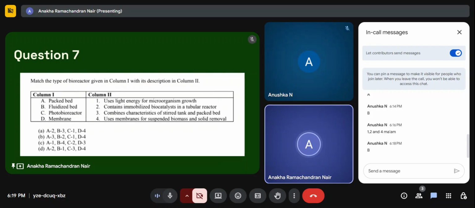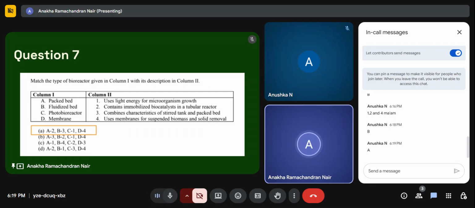What do you think the answer can be? A. Yes. So you are again correct.